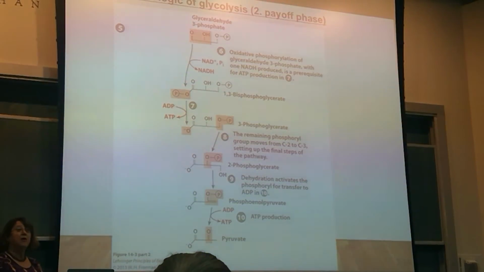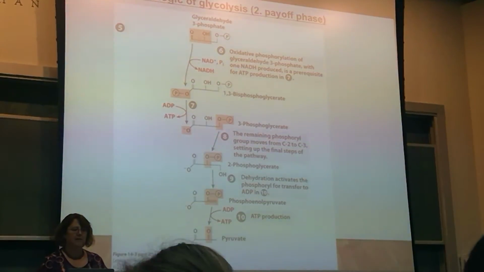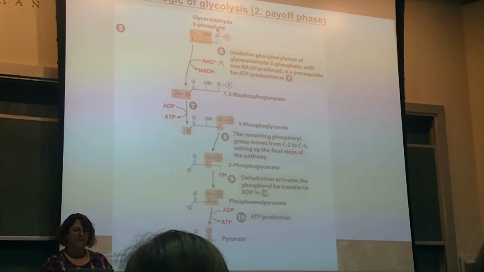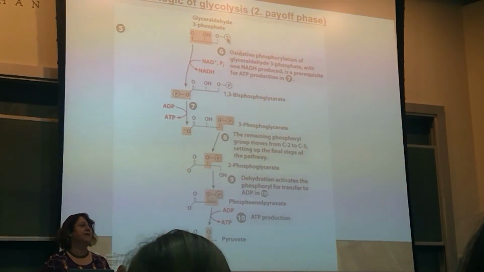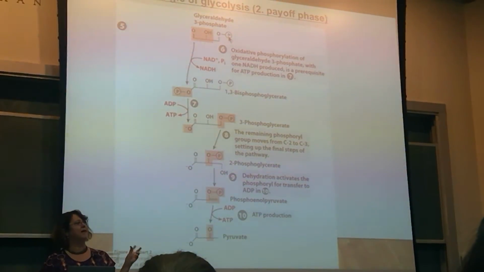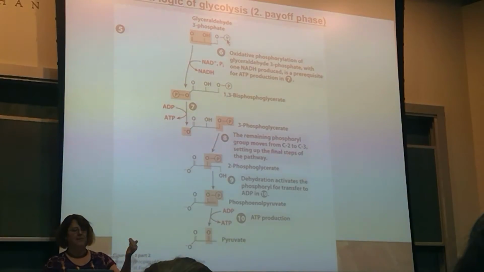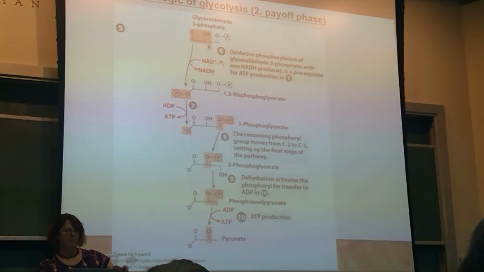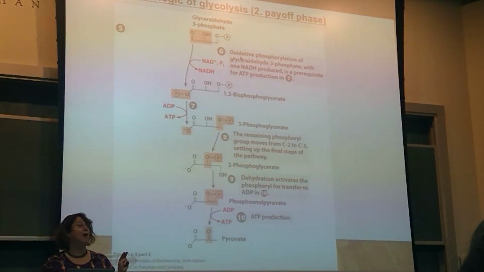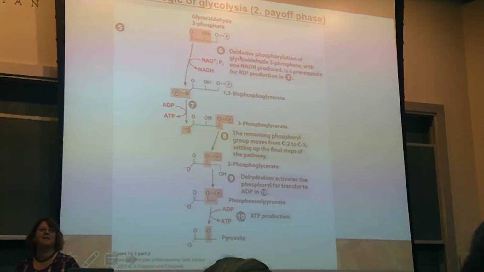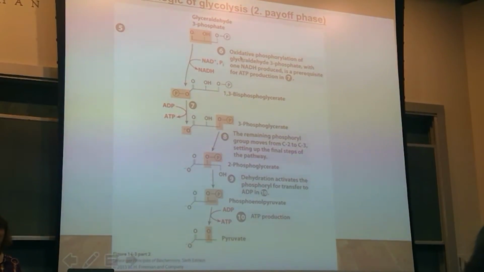So let's look at the chemical logic. Starting from glyceraldehyde 3-phosphate. Remember that was the one that was isomerized, but it's the only one being used, so it's pulling it forward. This is called the payoff phase, because in glycolysis we're actually making ATP and reductant.